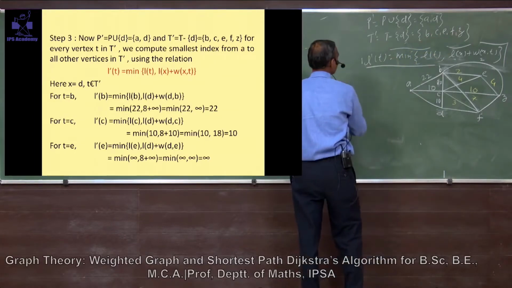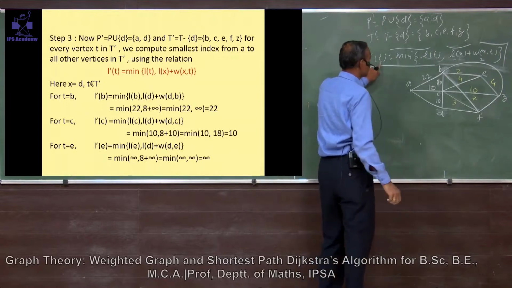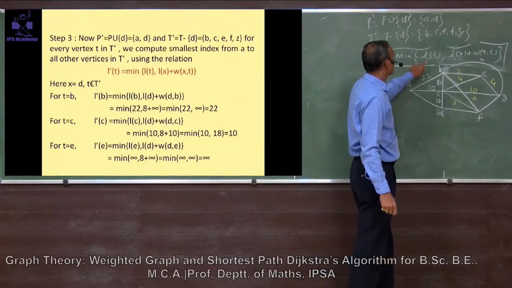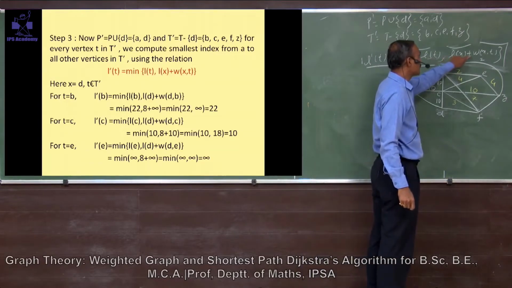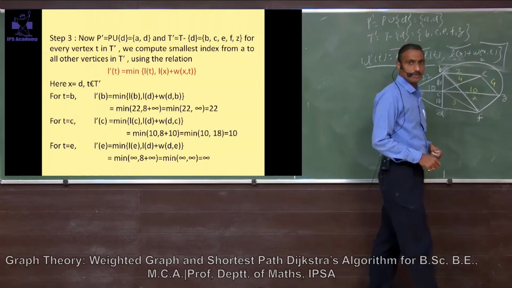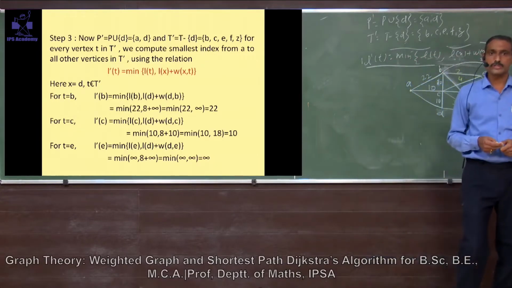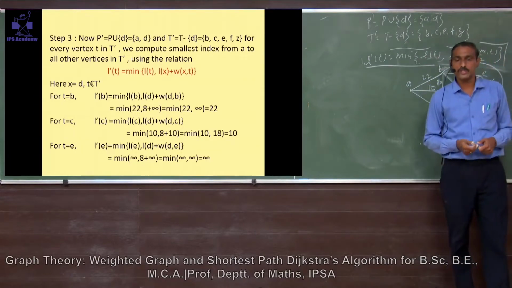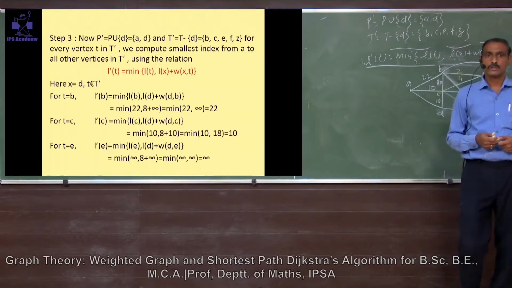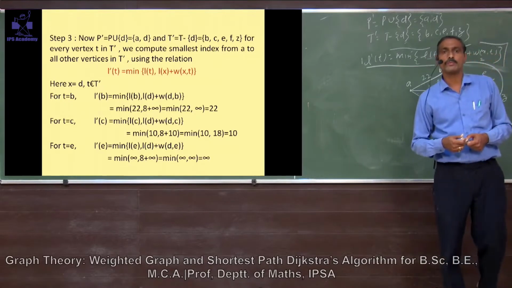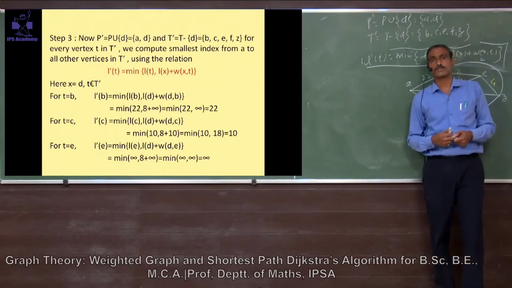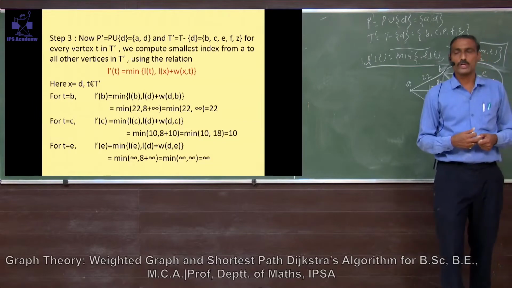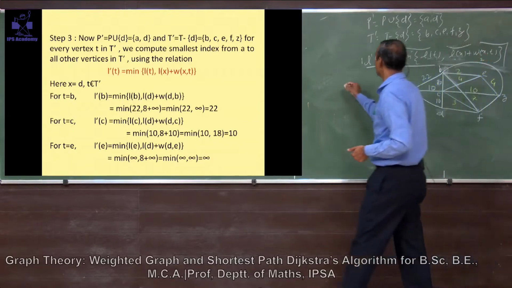We use the formula L dash of t equals minimum of L of t, comma L of x plus W of x, comma t. Using this relation, we compute the smallest index from A to all other vertices in T dash. Here we take x equals D.